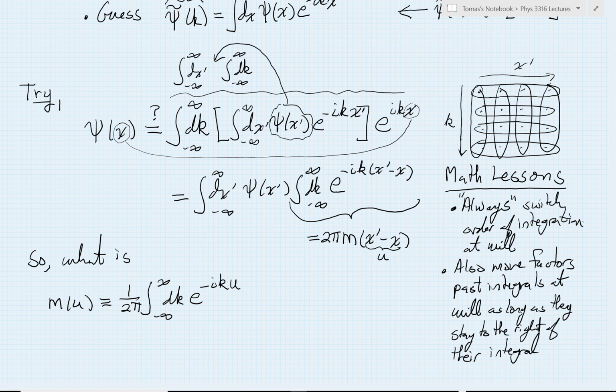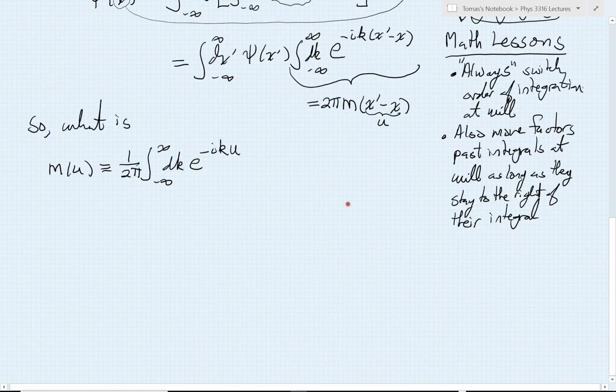Now, let's consider this integral. So this is a second set of mathematical lessons we need to think about. When you begin to look at this integral, you begin to realize we're running into a little bit of trouble here. So if I were to plot versus u my e to the minus iku, of course that's a complex number, it's a little hard to plot, but we all know this is made out of sines and cosines. So let's look at the sine part.